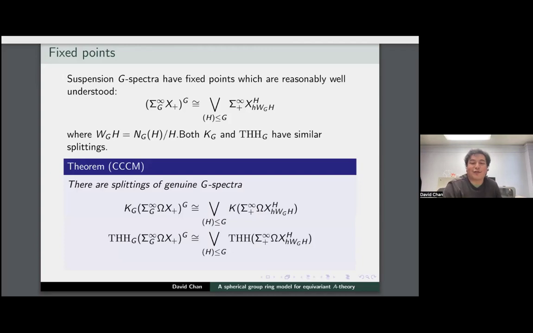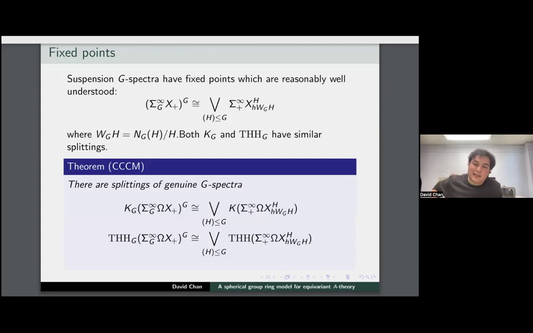I'm not going to read through what's going on here, but the upshot is that if you take the tom Dieck splitting and plug this into K_G or THH_G, you get exactly the same splitting, which reduces the computation of these fixed points to ordinary K theory evaluated on loops of X^H fixed points, and then homotopy orbits.